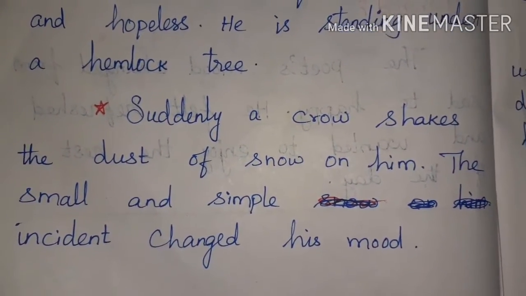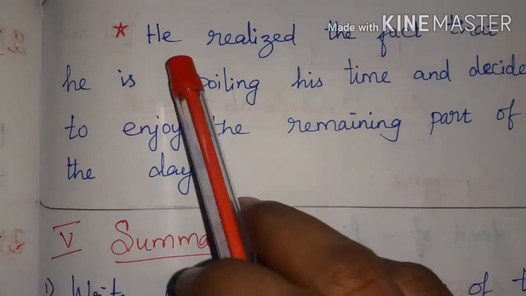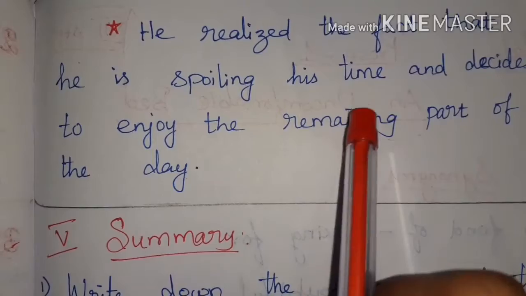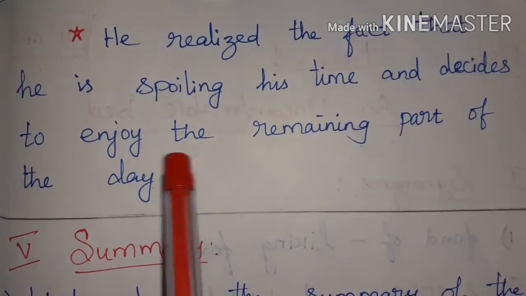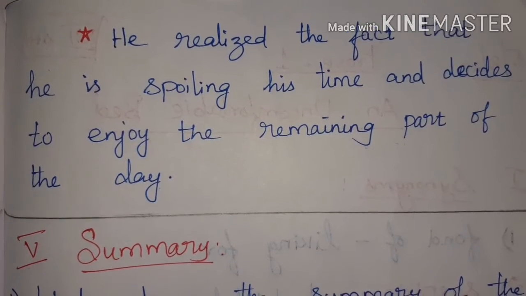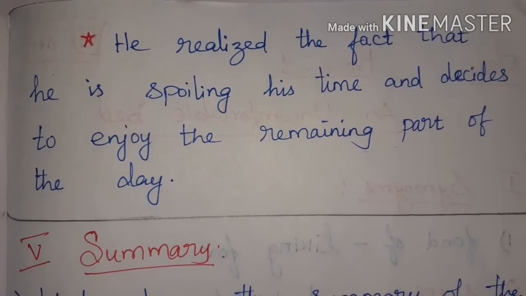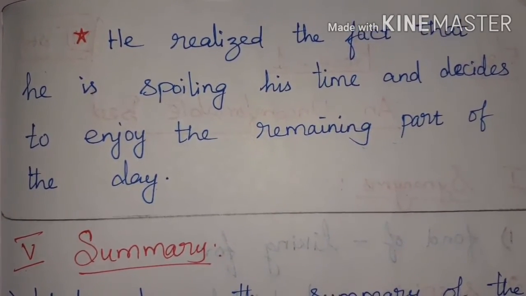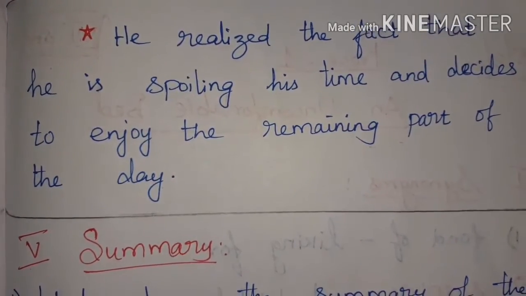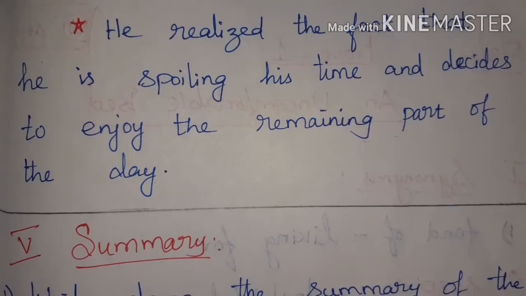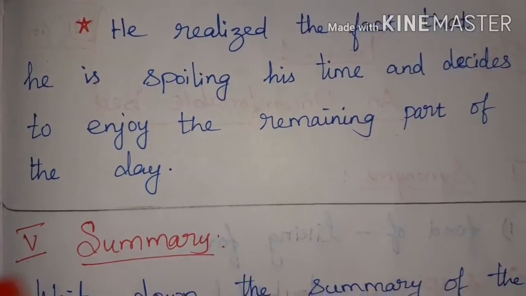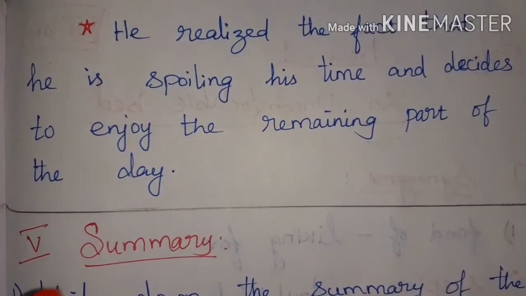The third point: he realized that he is spoiling his time and decides to enjoy the remaining part of the day. He was under the tree feeling sad, isn't it? After the snow fell on him, he realized that he was spoiling his time feeling very sad. Instead of that, he decides to enjoy the remaining part of the day.